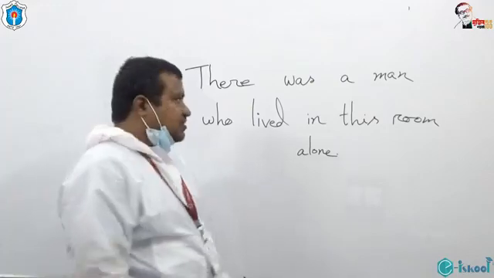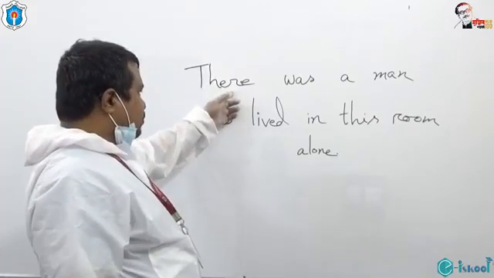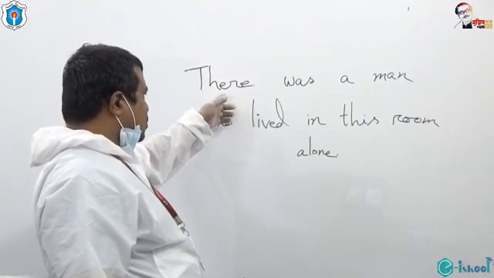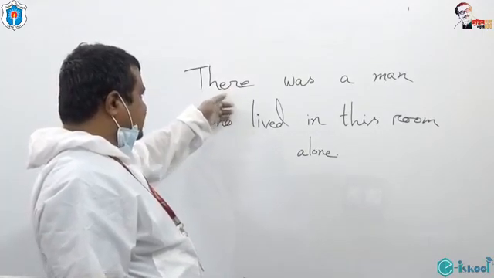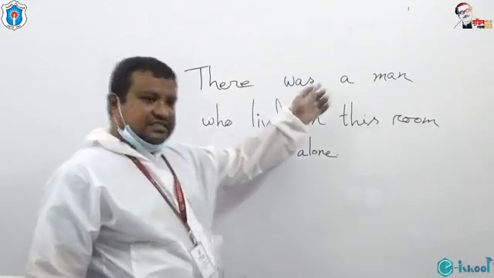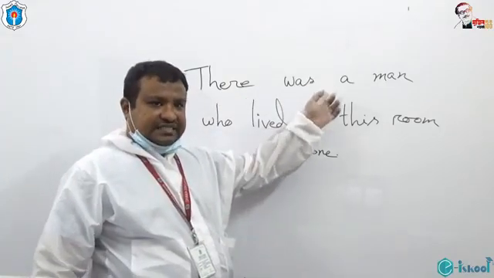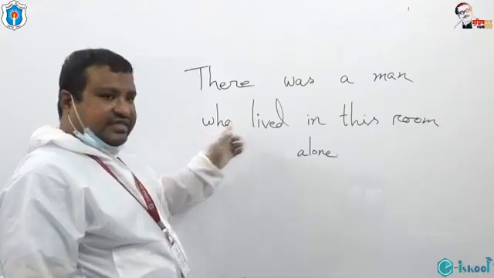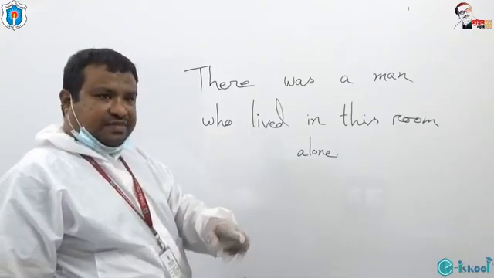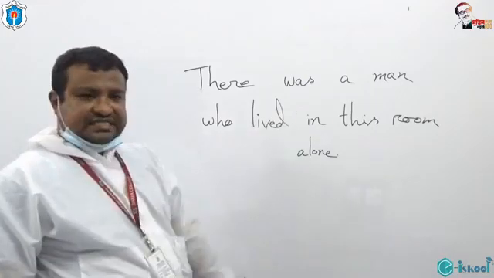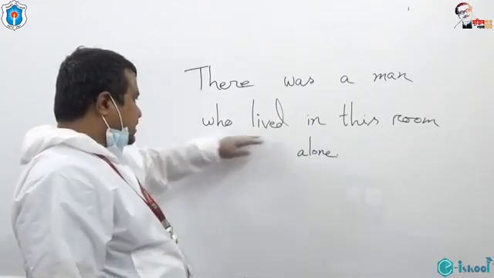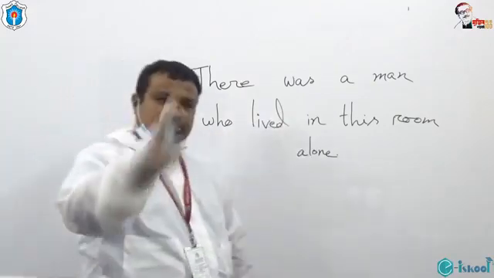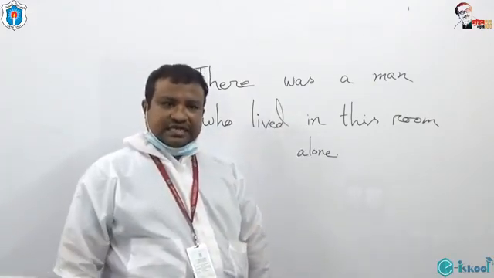If the clause with the introductory there is in past tense, then of course the other part will also be in the past tense, that is, who lived in this room. This clause, lived in this room, is also in past tense.